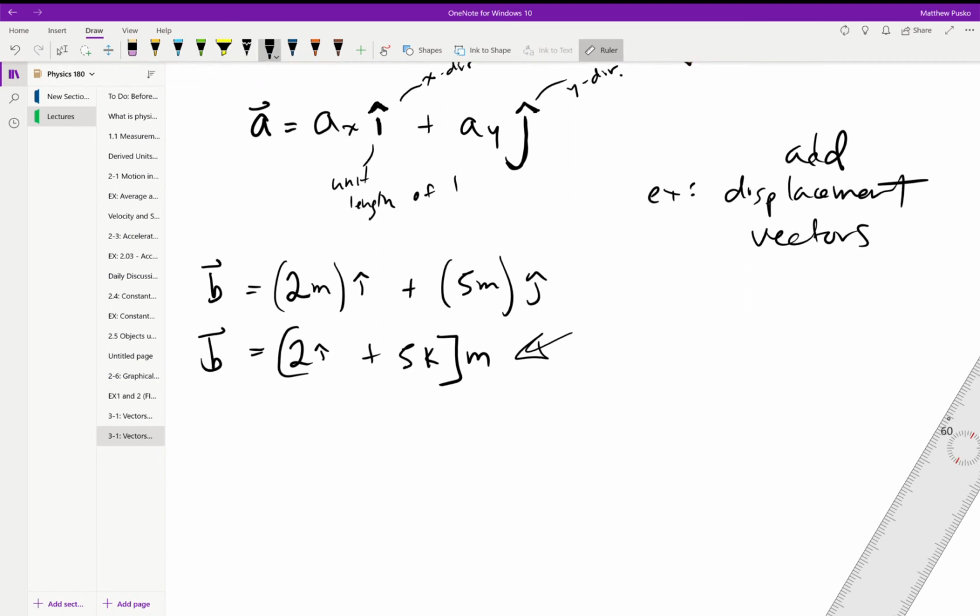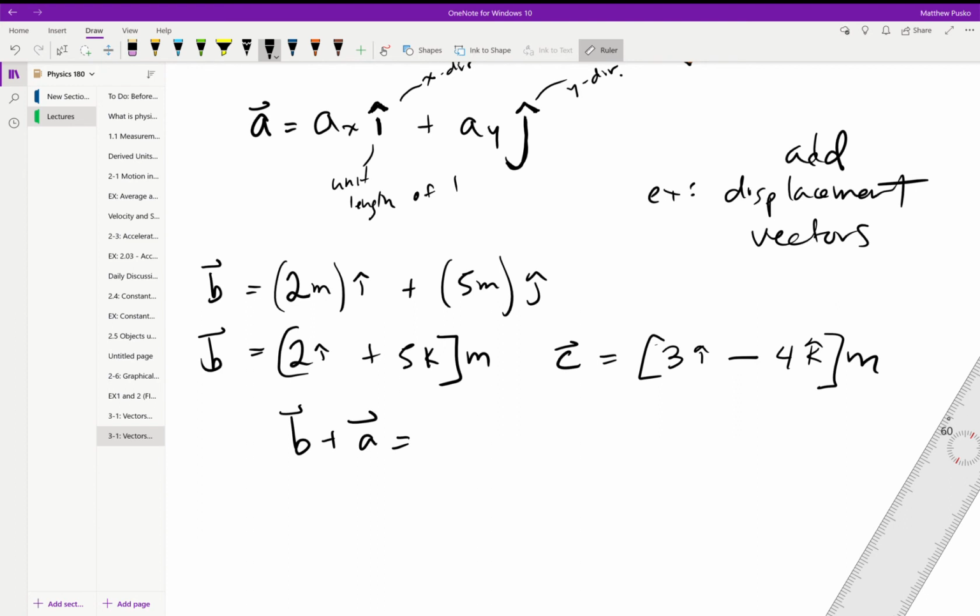If that's vector B and we're given some other vector C and I want to add them, let's say C is equal to 3i and minus 4 in the k direction. To add them, we need to break them up into components.